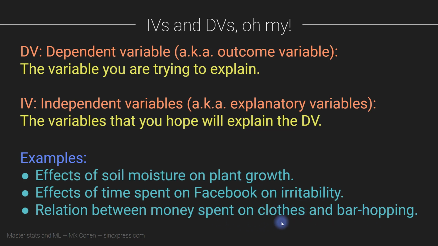So sometimes, particularly in these kinds of natural experiments where there are no variables controlled by the researcher, it could actually go either way. Which one you call the independent variable and which one you call the dependent variable really depends on the kind of question you're asking, the way you're approaching the data, and what you hope to answer.